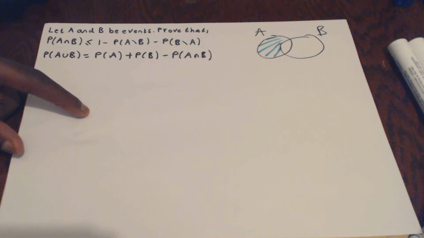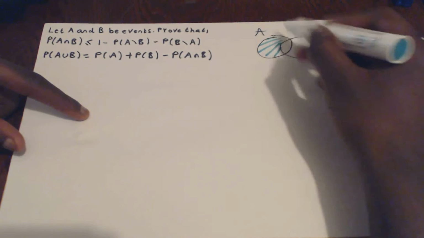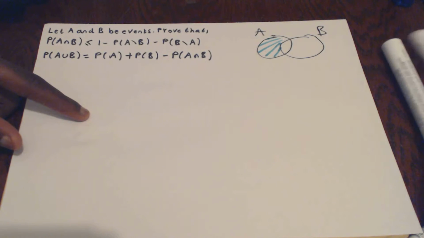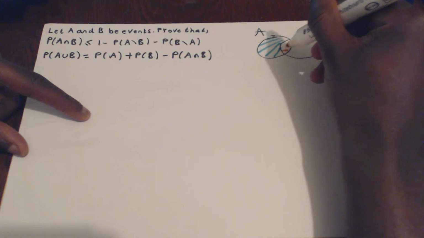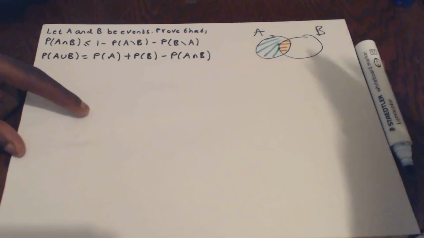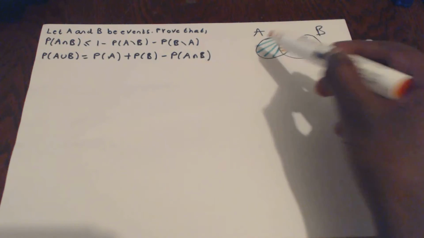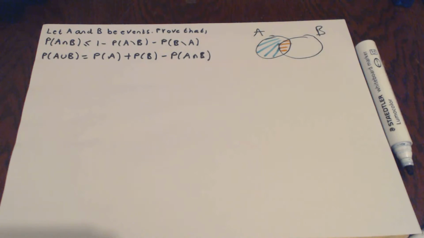This is within A, which is fine. Then we've got A intersection B, which is just this. So we've got A set difference B and A intersection B, they don't intersect, and their union is A.